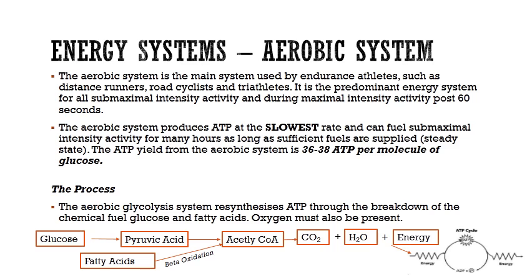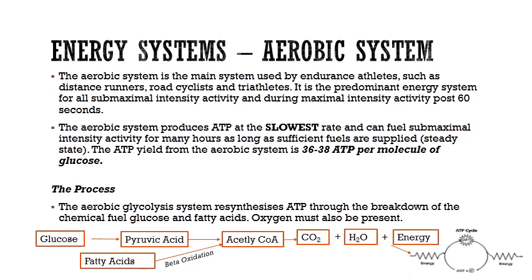Our final energy system is our aerobic energy system, and as the name suggests, this is our energy system that requires oxygen to be present to produce ATP. So events that would use the aerobic energy system as the predominant energy system are all of your submaximal intensity activities that go beyond 60 seconds.